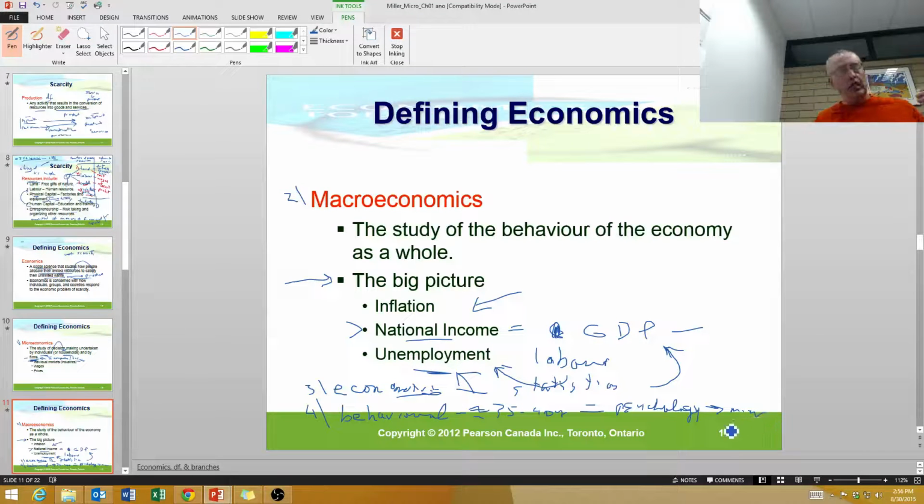So when behavioral economics looks at decision making, it looks at economic decision making from a psychological perspective. I'm bringing this to your attention because even though you might find micro boring and you might find macro boring, most people find behavioral economics quite fascinating, especially if you've studied a little bit of micro and macro and you know some of the principles.